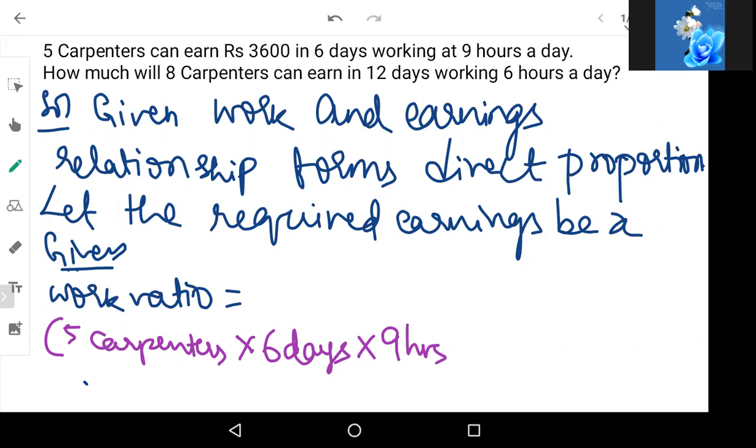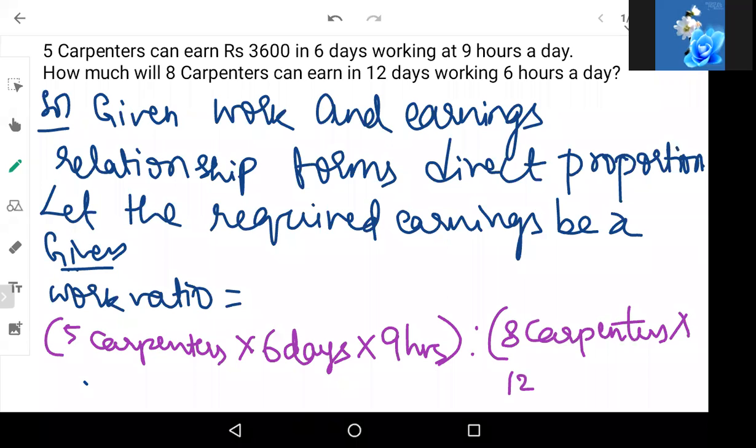This is one work ratio, one part of the element. Now form the ratio with the second sentence. In the second sentence, there are eight carpenters who are working for 12 days for 6 hours.